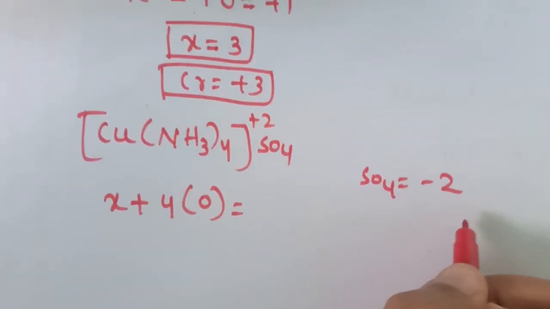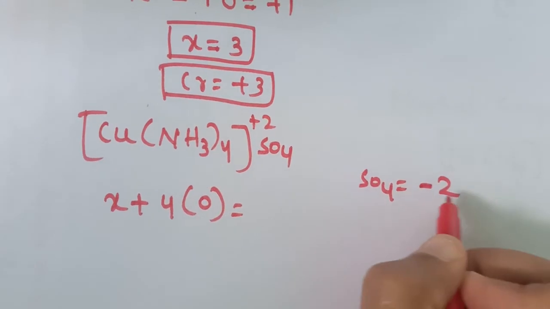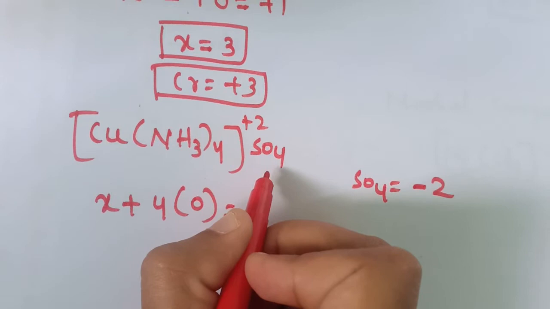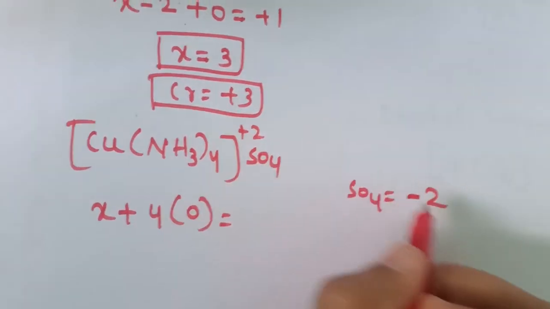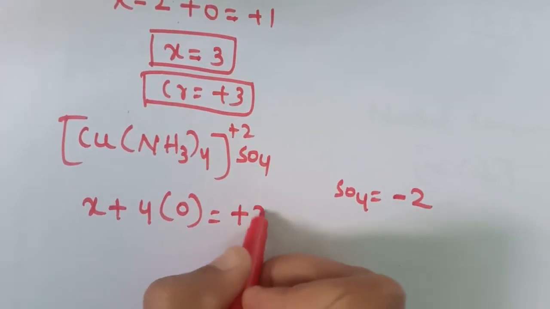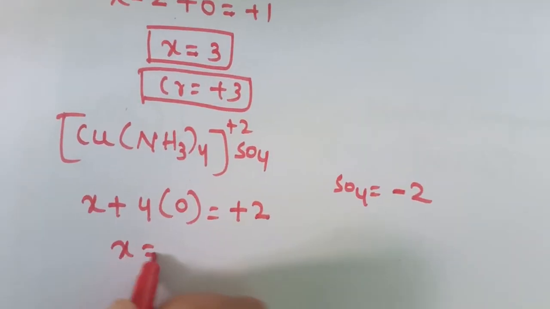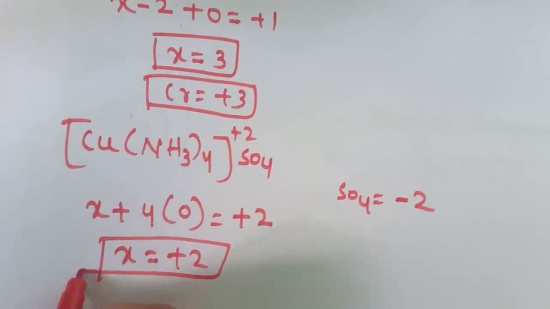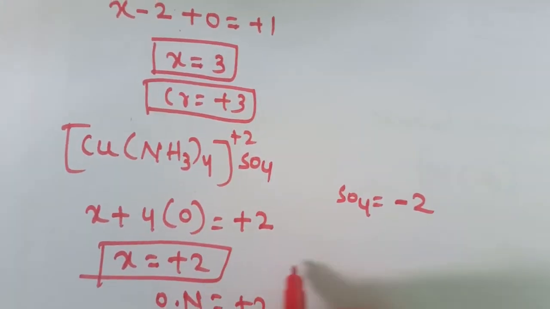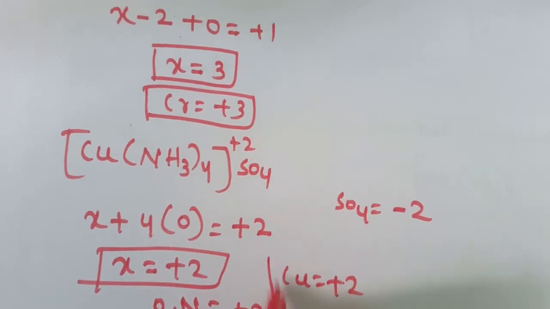Why? Because the counter ion has the charge minus 2, so the complex is exactly opposite of the SO4. If it has minus 2, the charge on the complex ion will be plus 2. X equals plus 2. Here the oxidation number of Cu is plus 2.